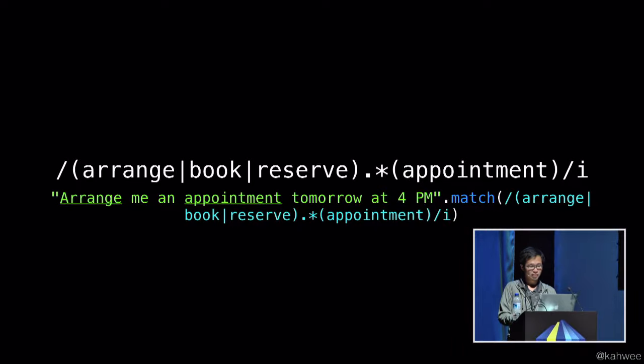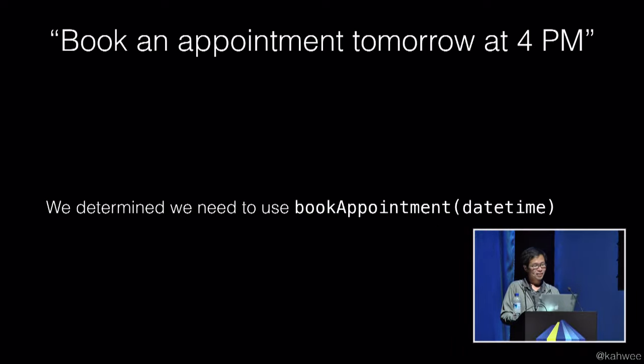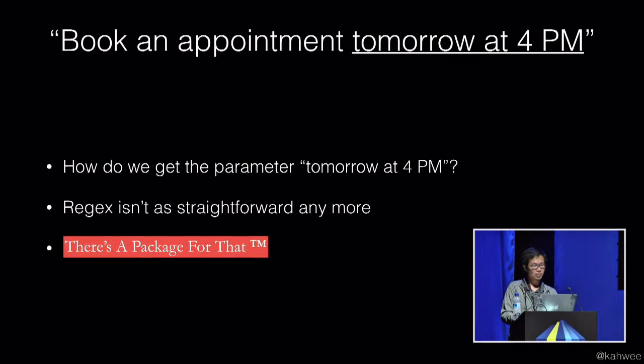So I'm just going to skip through this. Now that you've determined the intention of the user, which is book an appointment tomorrow at 4 p.m., you know that we need to use book appointment with a date and a time. And so now it's really about extracting out "tomorrow at 4 p.m."